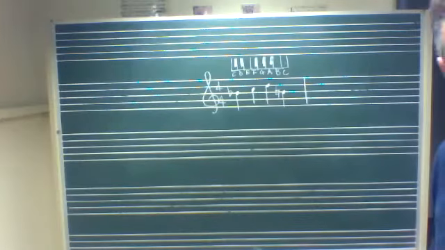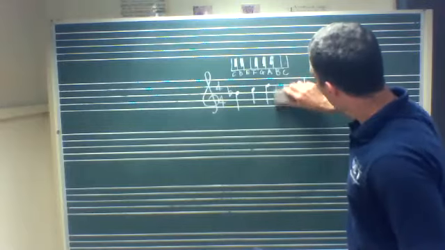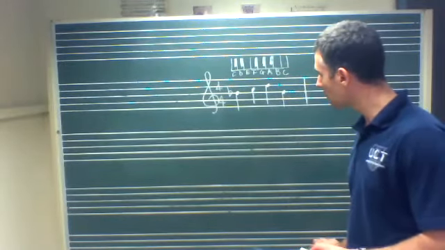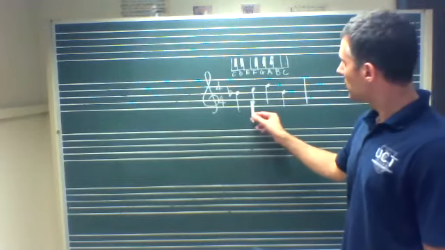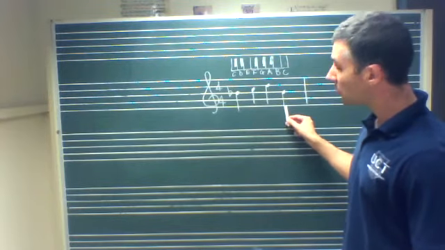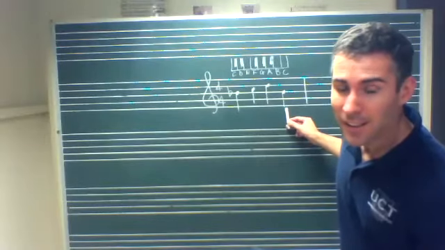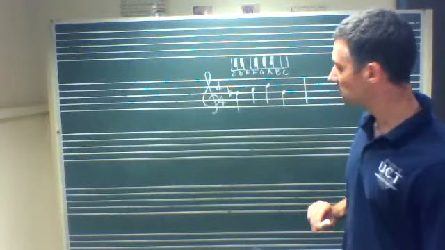Okay, sorry about that. I just had to find a box of chalk. All right, now, if I take that natural sign away, that is B flat, this is C, this is D. What is this note? Is it B or B flat?